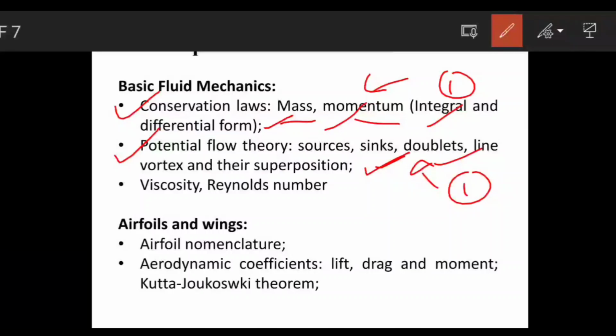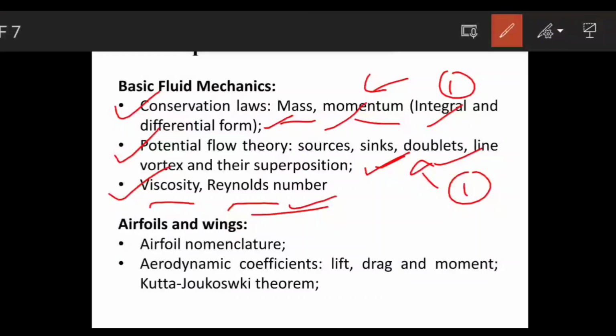And then you can find viscosity and Reynolds number. It is a very common topic that you have already done in basic subjects like introduction to aeronautics and fluid mechanics. What is Reynolds number, what is critical Reynolds number in aerodynamics, and what is the relation of Reynolds number to the coefficient of lift and coefficient of drag.